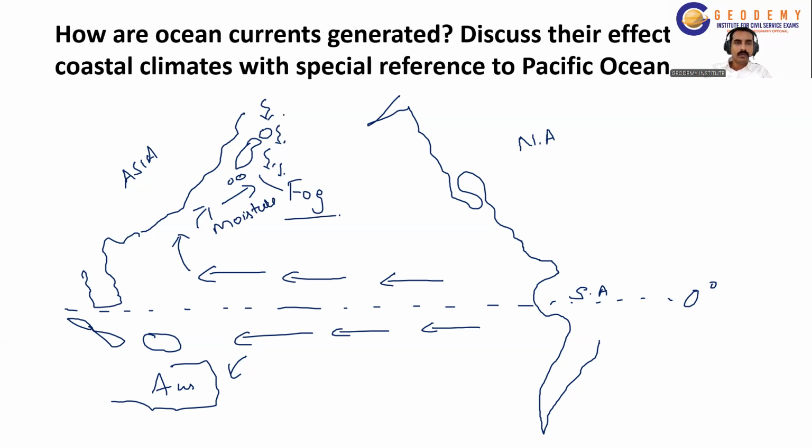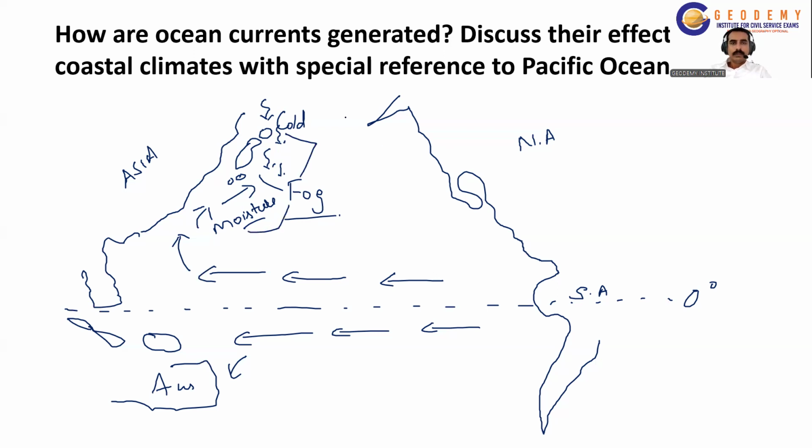The dry cold wind and the moist warm air mass meet over this region. As these two air masses meet, the moist air mass condenses and dense fog is formed. So thus the coastal climates will have fog formation in this region here.